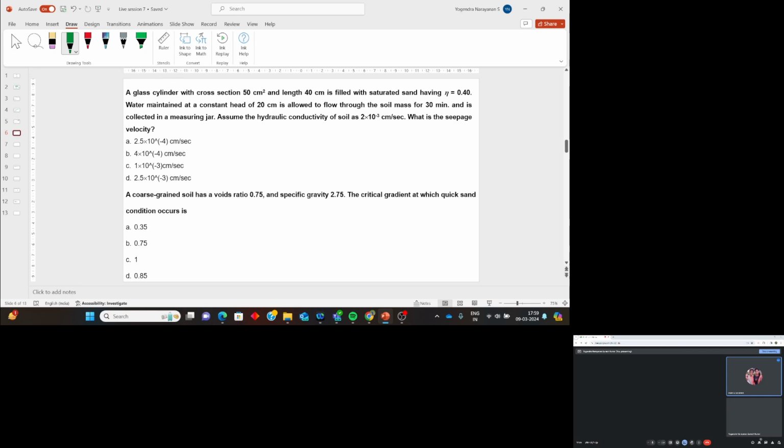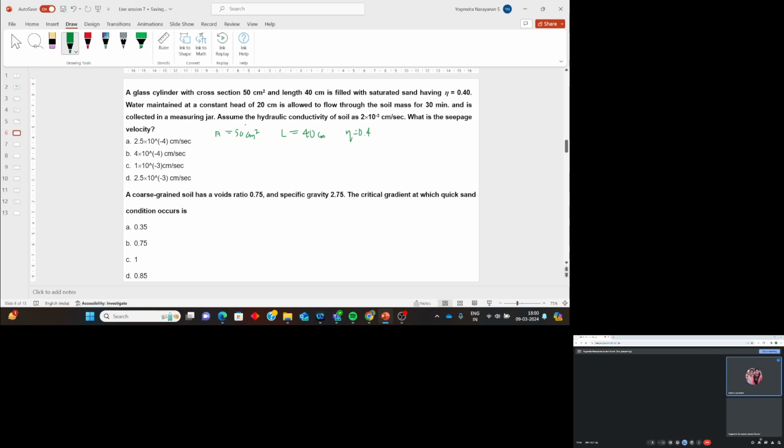So now what are all the parameters given? Cross-sectional area is given, which is 50 centimeters square, and length of the soil sample is given 40 centimeters, and porosity is given 0.4. Right.